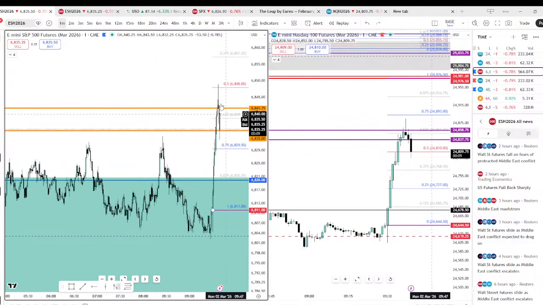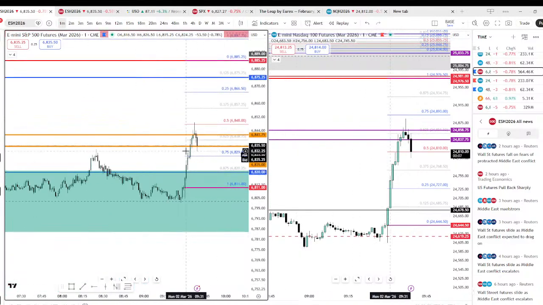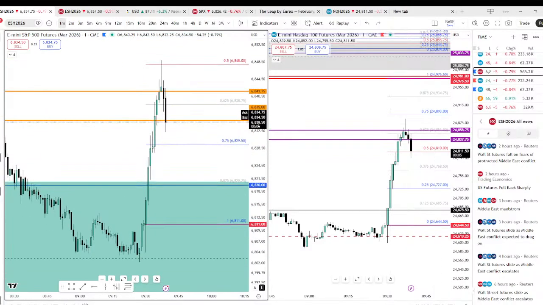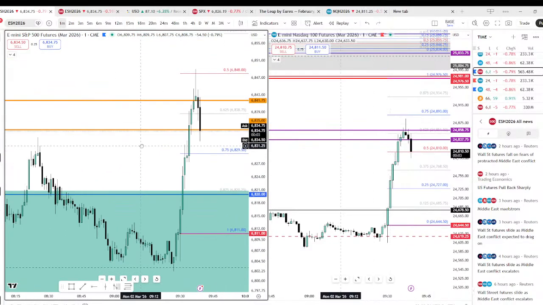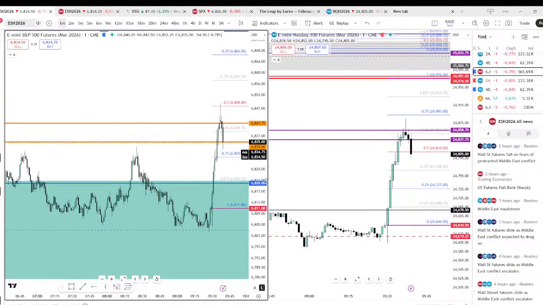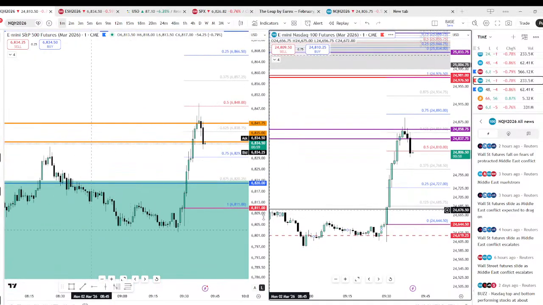But as called beforehand, the run up into the halted trading hours gap from Friday the 28th, day after Thanksgiving, those expectations came to pass.